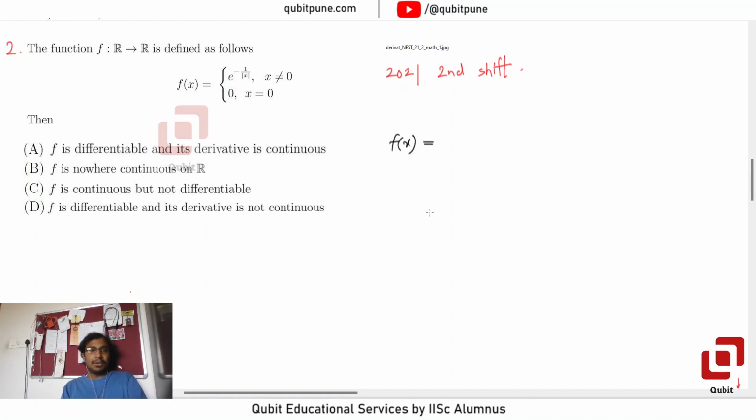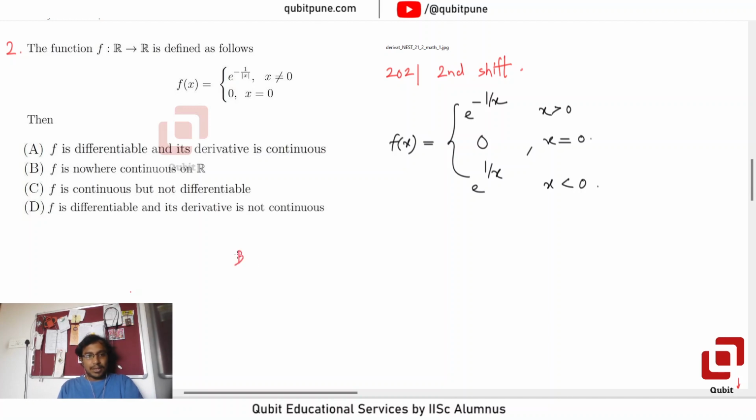Alright, let us go to the function. Function is e to the power negative 1 upon mod x when x is not equal to 0, and it is 0 when x is equal to 0. Now as usual we will do it the mod way, so it will be e raised to negative 1 upon x for x positive, and it would be e raised to 1 upon x for x negative. Now let us go to option B first.